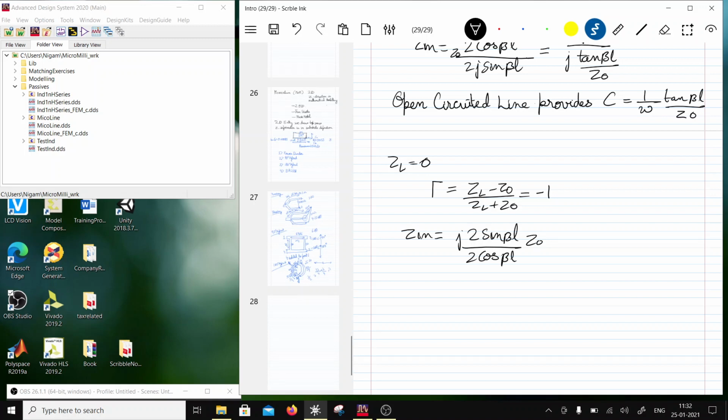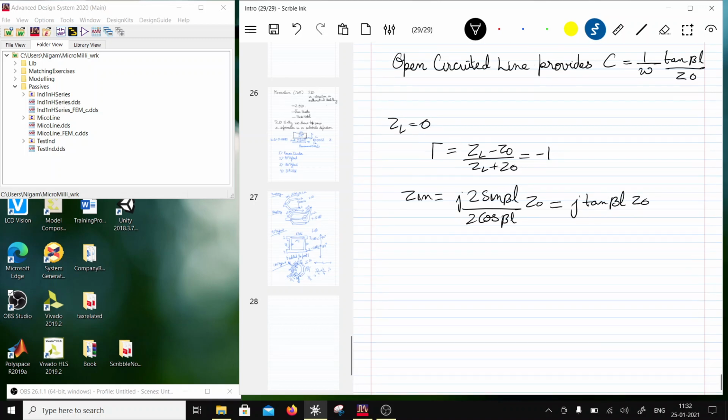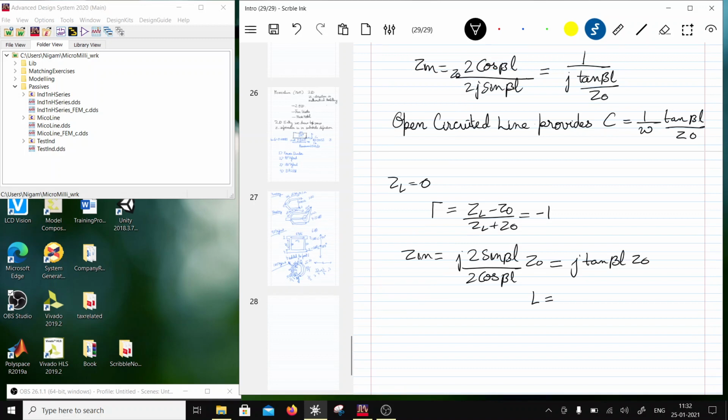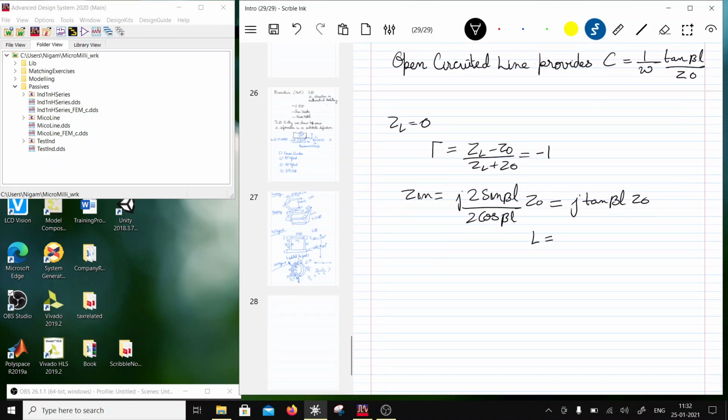So basically this is equal to j Z0 tan(βL), which is equal to ωL. So a short circuited line provides an inductance L, and L will be equal to Z0 tan(βL) divided by ω.